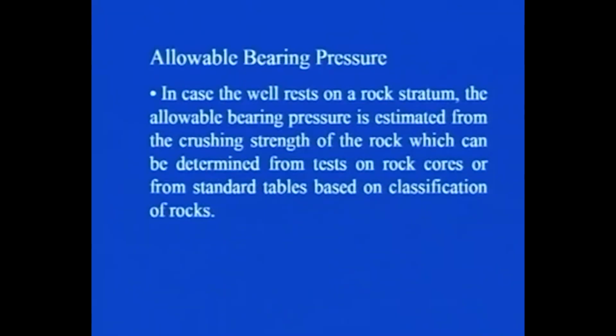In case the well rests on a rock stratum, the allowable bearing pressure is estimated from the crushing strength of the rock, which can be determined from tests on rock cores or from standard tables based on classification of rocks. If you take up some advanced study, you will study more about rock mechanics.